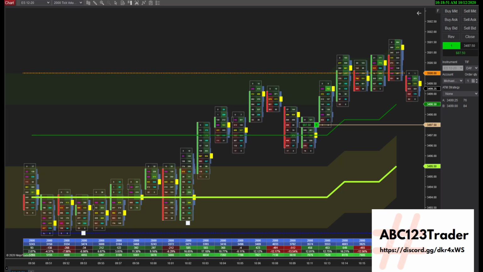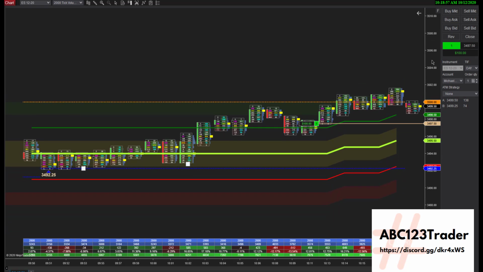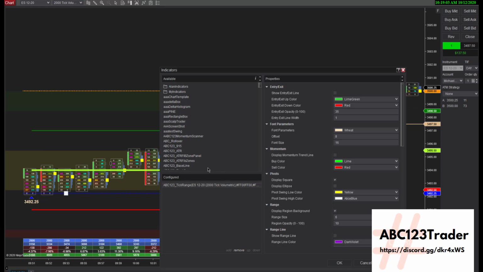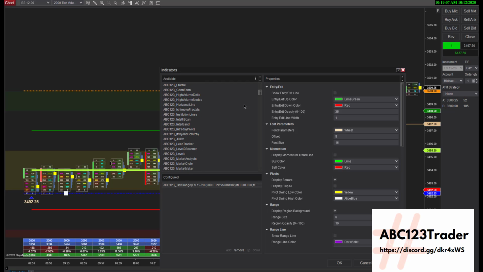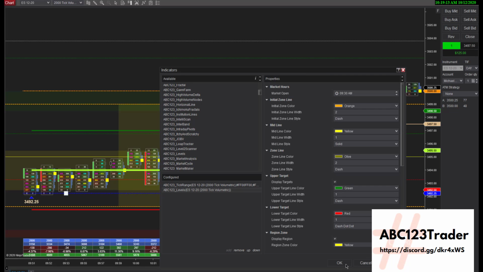Let's see if we can look at it higher. I'm not sure if I added it on here. What I'll do is add one more indicator here: the levels. Let's go to levels. There we go.